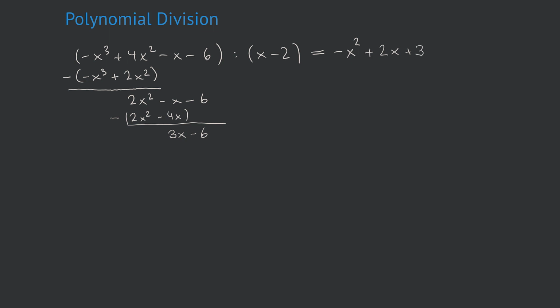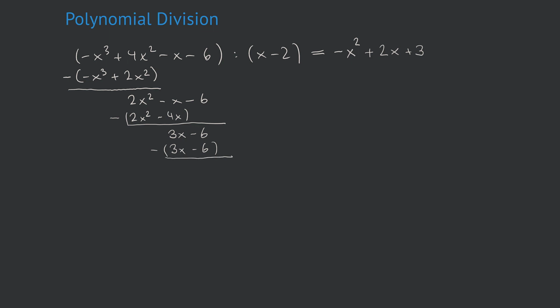And again, we perform the multiplication 3 times x minus 2 and write down the result down here. So we get as a result 3 times x is 3x, and 3 times negative 2 is negative 6. And again, we put this into brackets and subtract it from the expression above.